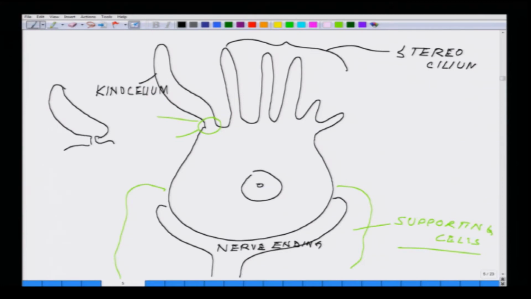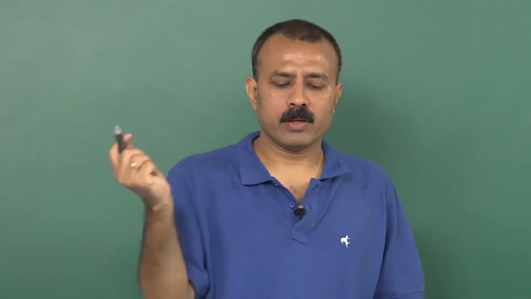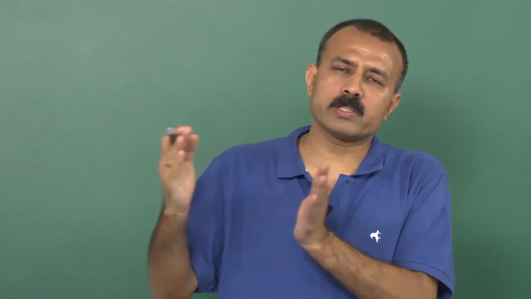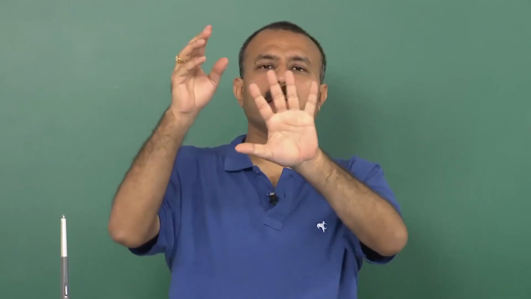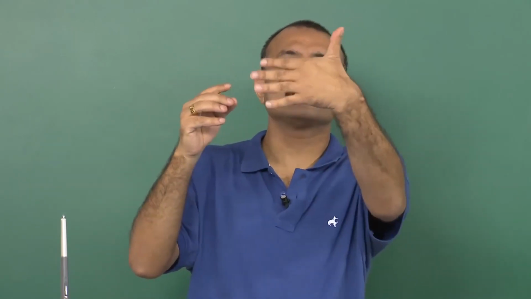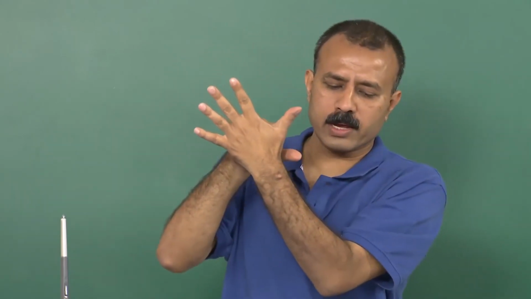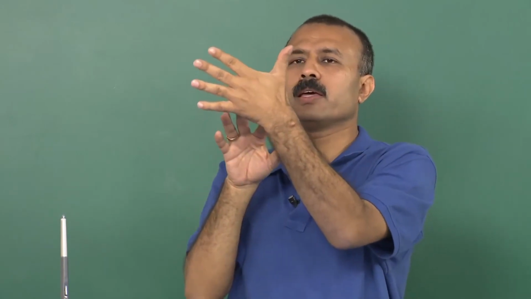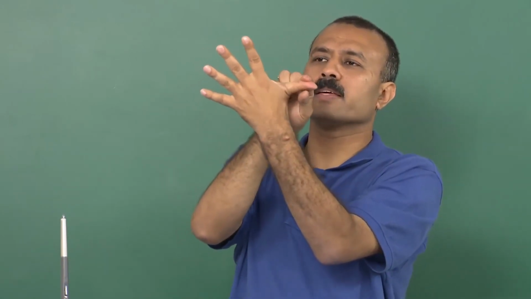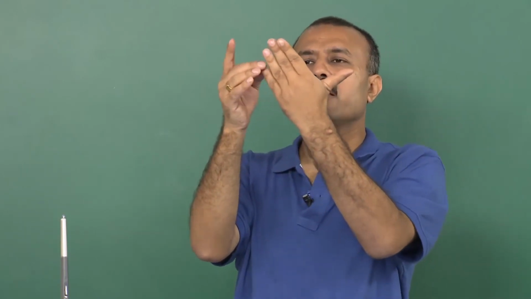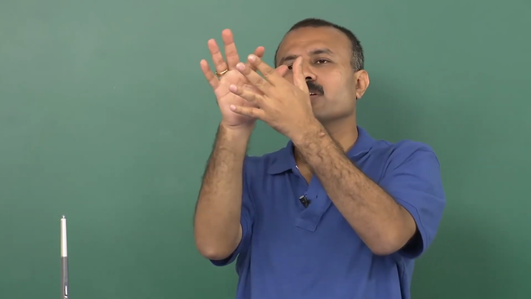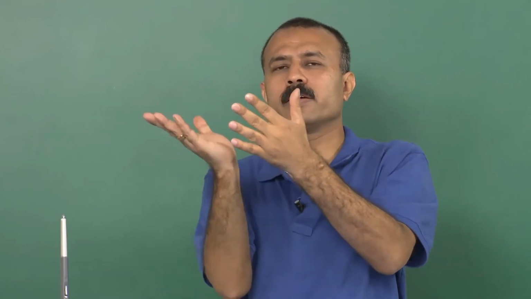Depending on which direction the kinocilia is moving, all the stereocilia will move in that same direction. So, for example, imagine this is the kinocilia and these are the stereocilia. If the kinocilia bends like this, all of them will bend in this direction, and if the kinocilia bends in this direction, all of them will bend in the other direction.